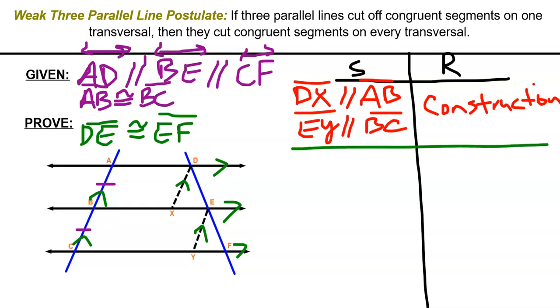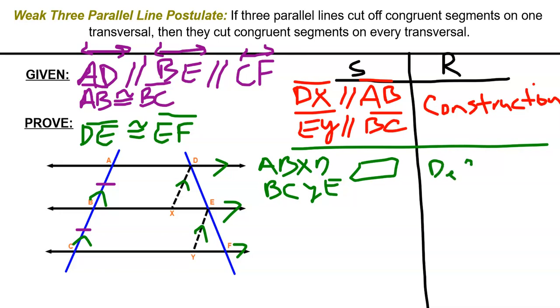So the next step in that proof is that ABXD and that BCYE are both parallelograms by the definition of a parallelogram.